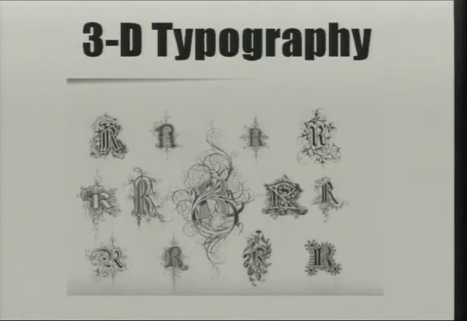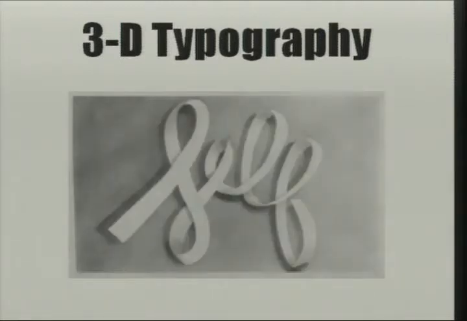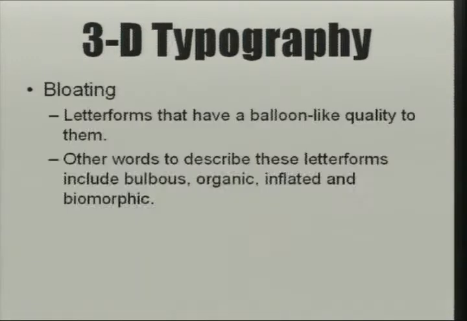This might be a little hard to see for some people, but these are letter forms with all kinds of floral patterns and things around them. The way the floral patterns are drawn can suggest dimensionality. Here's an example of a ribbon font. The way the ribbon folds in under and over itself suggests dimensional typography.